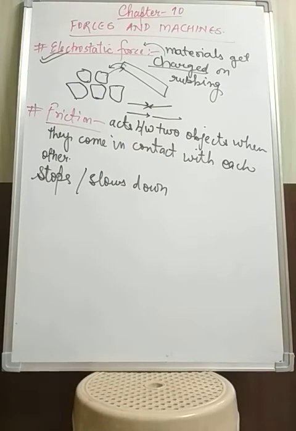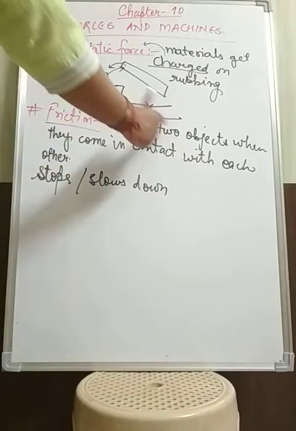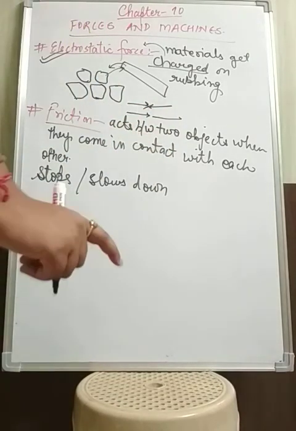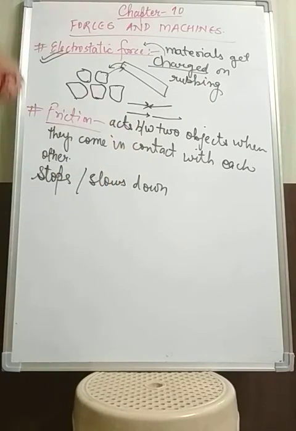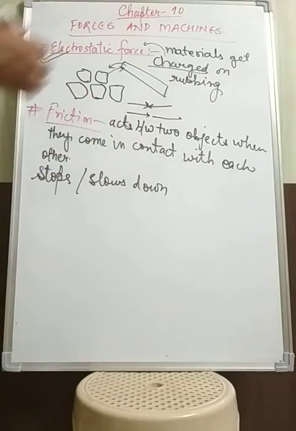Whatever object is moving, friction slows it down or stops the motion across the surface when the two objects come in contact. For example, when you stop pedaling your bicycle, slowly, gradually, your bicycle slows down and then it stops. This happens because of the frictional force.